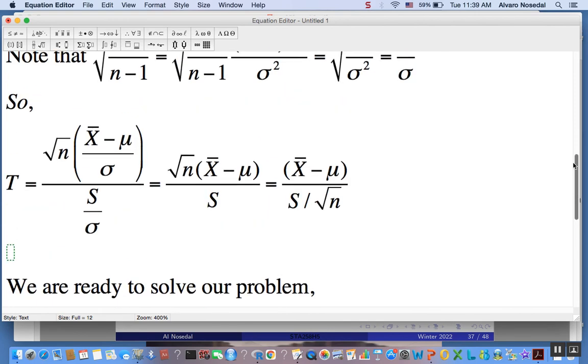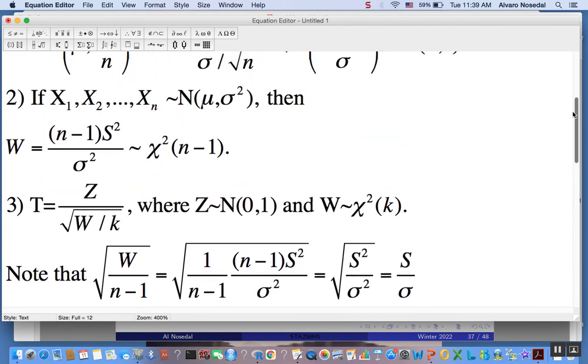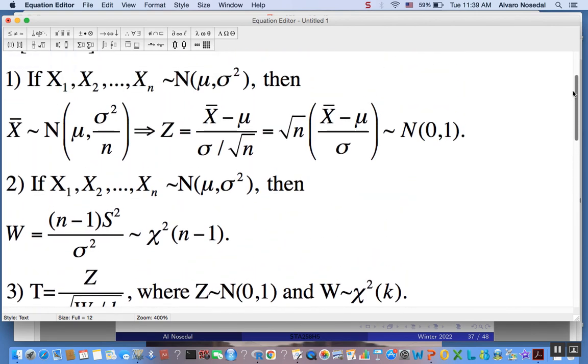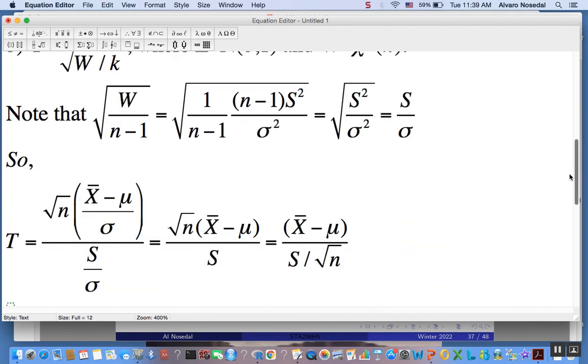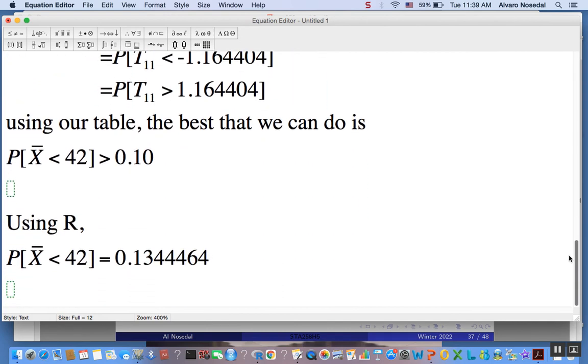And we basically derived why that is the case, using those results that we discussed before, theorem 7.1 and theorem 7.3.